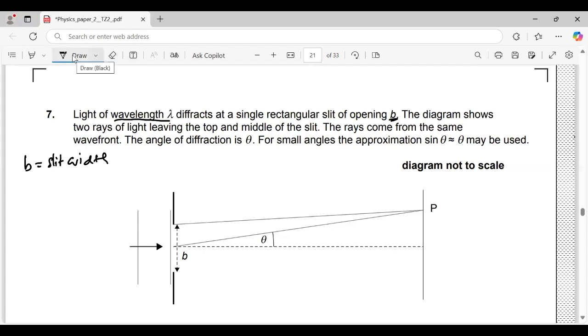Next, theta is the angle of diffraction, because these are two rays. This is the first ray and this is the second ray. The fourth piece of information is that sine theta is equivalent with theta.